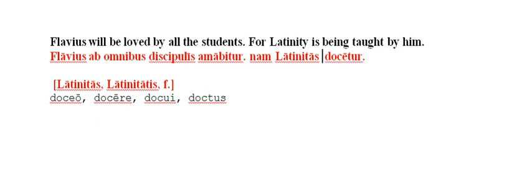By, of course, once again is ab. And now here the word him, we could use the word is. Nominative is wrong, of course. Is, eos, ei, eum, eo, ab eo, docetur. Nam latinitas ab eo docetur, is being taught.